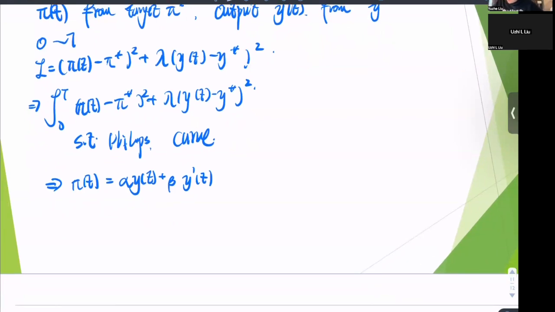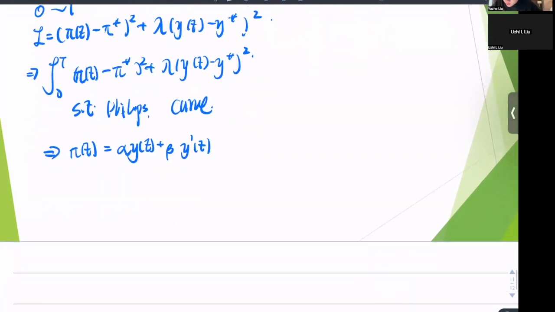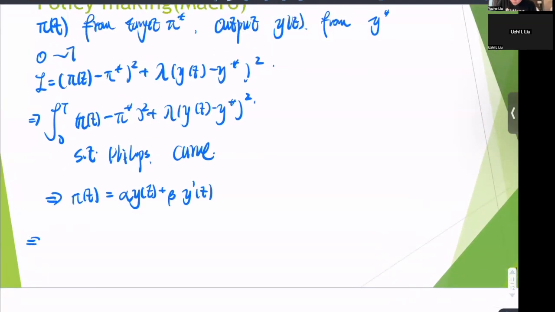And lambda is the weight given to the output stabilization relative to the inflation stabilization. Now we have our functional and also our constraint. Notice that the function that we want to minimize is a functional where we take pi of t as an input. And also we have constraints right there.